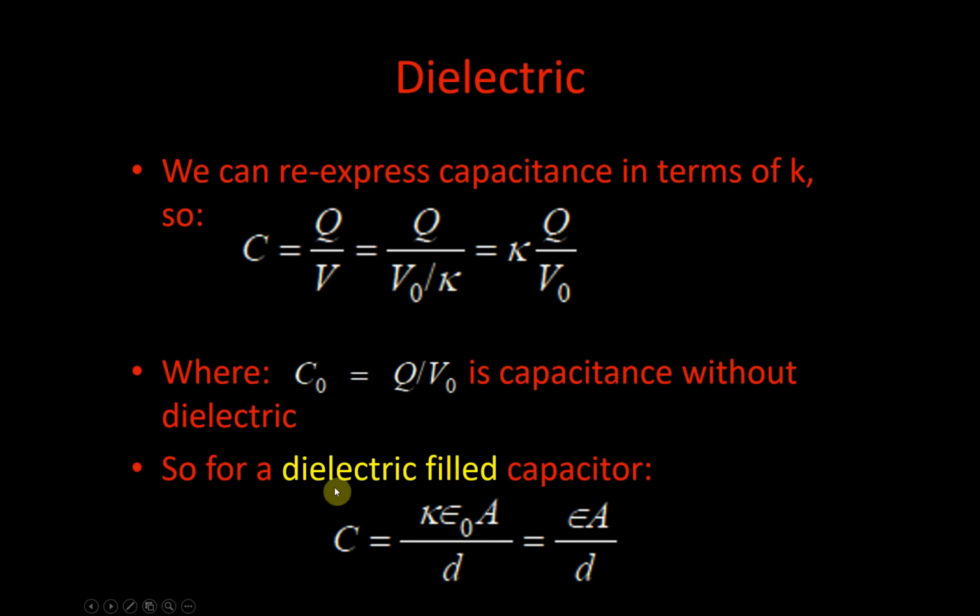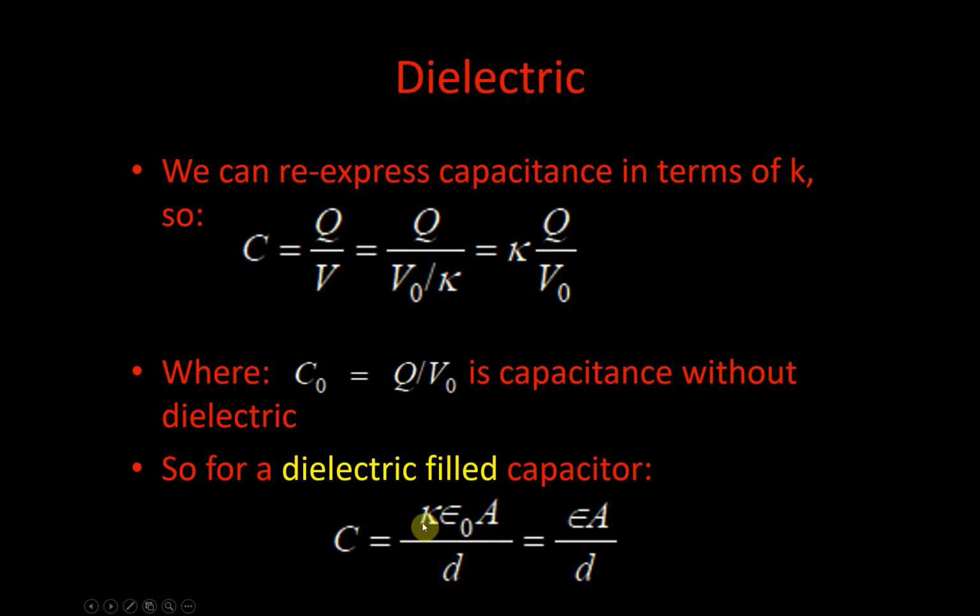So for our dielectric filled capacitor, we can say C is equal to K epsilon 0, remember, which was our permittivity of free space, how much electric field was permitted to move through the space between the plates, times the area of the plate divided by the separation.